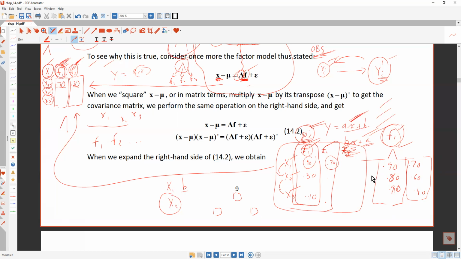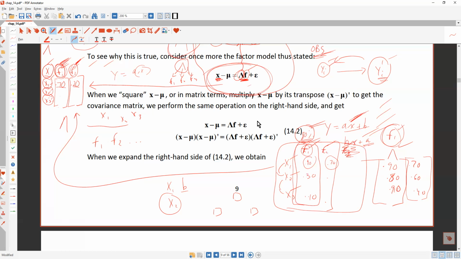That's what happens in factor analysis too. Why does it happen in factor analysis? It happens because when we look back at what factor analysis actually is, right? What is factor analysis?